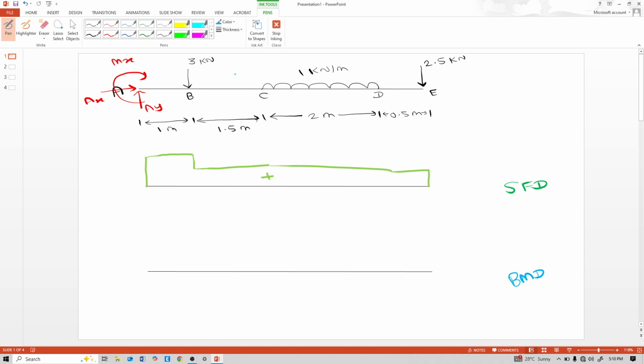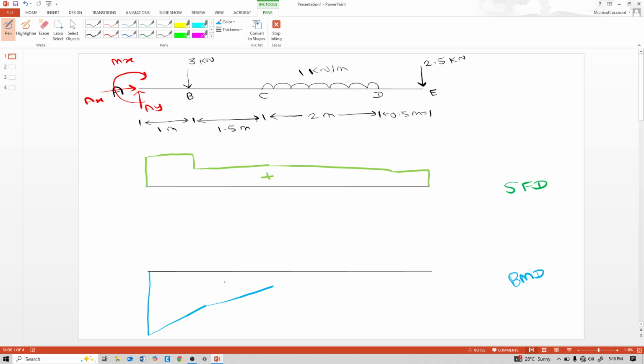So judge bending moment also. At point A, some bending moment is generated, and this bending moment is hogging, that means negative, like this. A to B no load, that's why this is like this. Again B to C no load, this is like this.